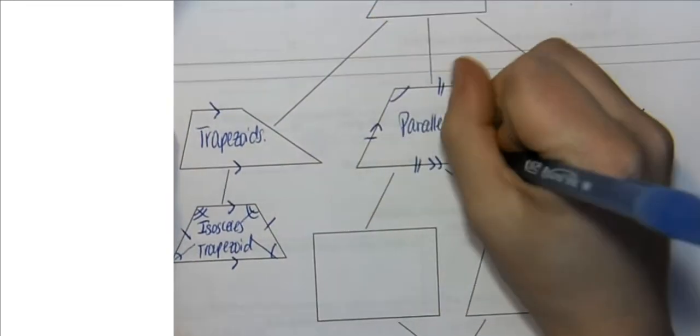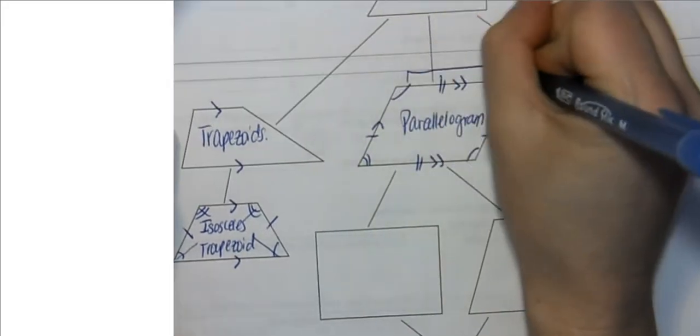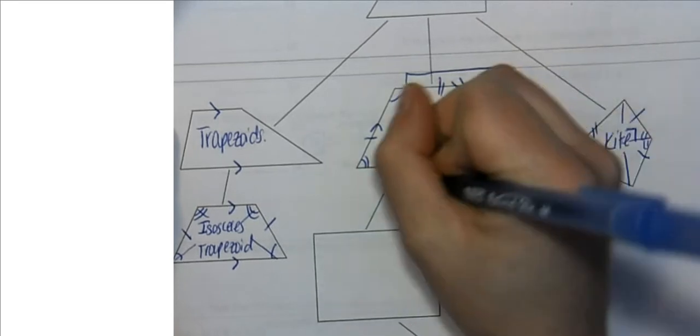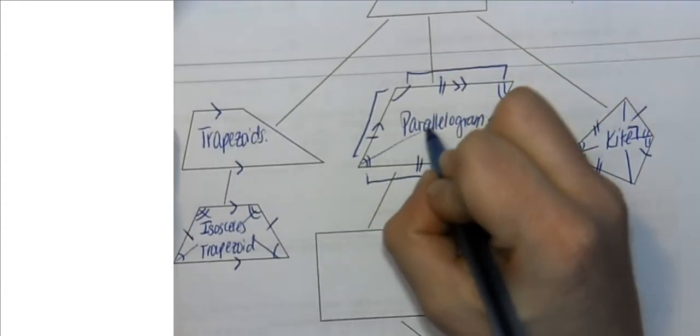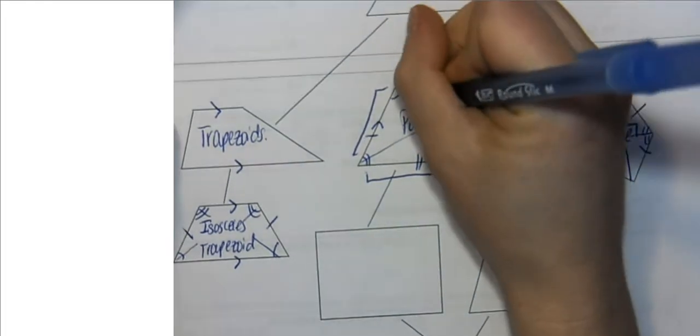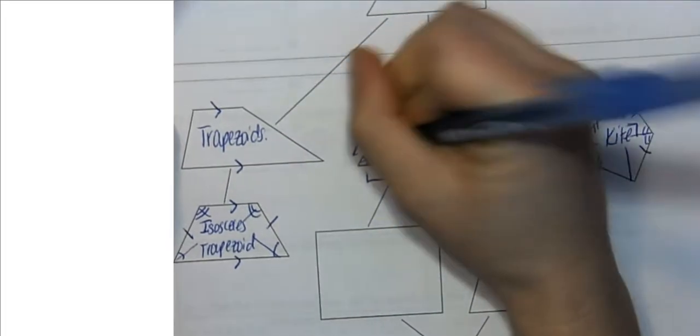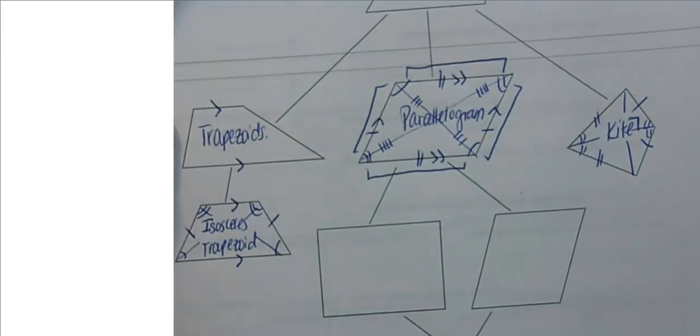It has opposite angles that are congruent. It has consecutive interior angles that are supplementary. It has diagonals that bisect each other but are not congruent. And that is a parallelogram.